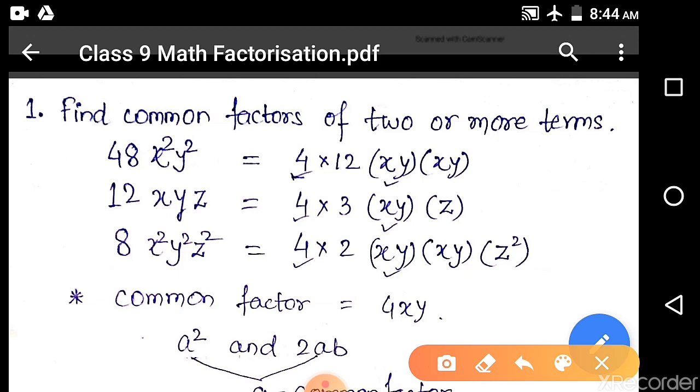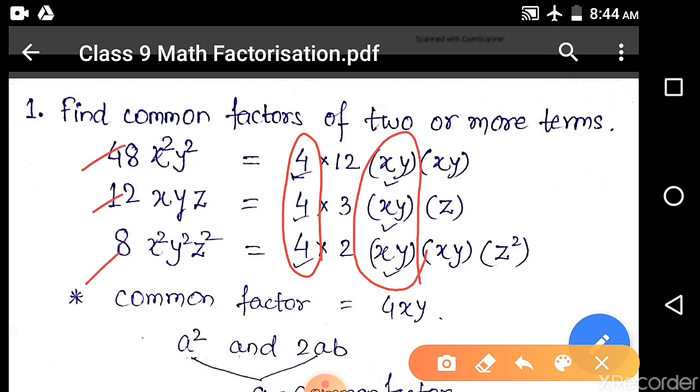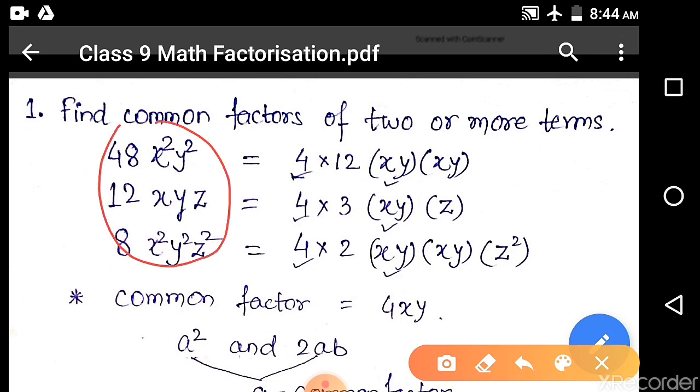So for those three terms we have two common factors. 4 is present in all three terms after factorization, and xy is also present in all three terms as a factor. So 4 into xy becomes the common factor of all three terms, that is 4xy.